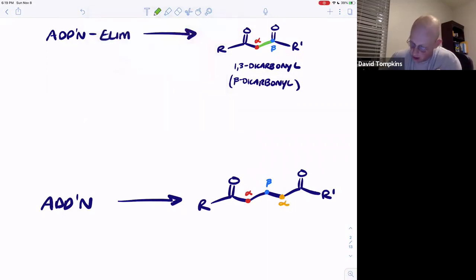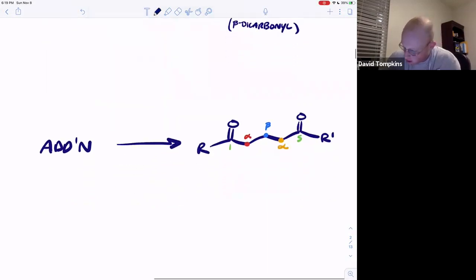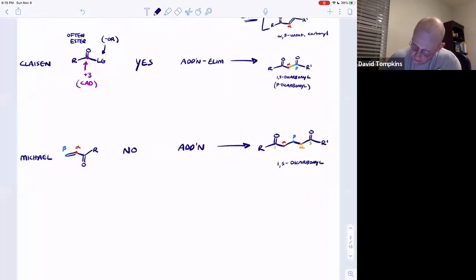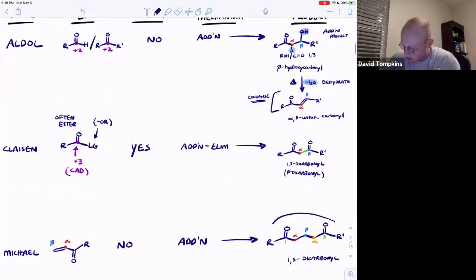So alpha beta alpha linkage means that the carbonyls are at positions 1 and 5 relative to one another. So the signature of the Michael addition is this 1,5 dicarbonyl product. So it's fundamental to be able to take this functional group and name it, and then name the reaction and think back to what the starting materials were, because that's going to be a very important part of synthesis.